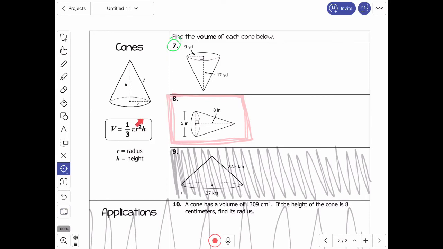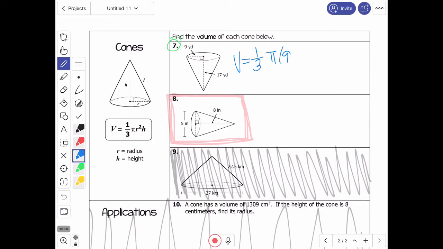Okay, so looking at 7, I'm given my radius and I'm given my height. Looks just like that picture. Super easy. So I'm just going to plug everything into this formula to get volume equals 1/3 times pi times my radius, which is 9, squared, times my height, which is 17 yards.